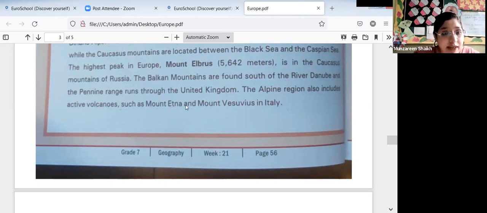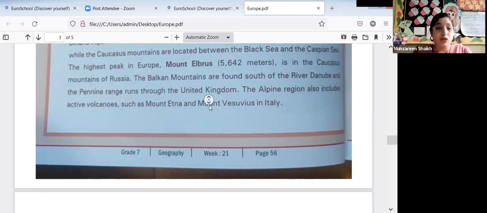Now, the highest peak in Europe is Mount Elbrus, which is 5,642 meters, in the Caucasus Mountains of Russia. The Balkan Mountains are found south of the river Danube, and the Pennine Range runs through the United Kingdom.